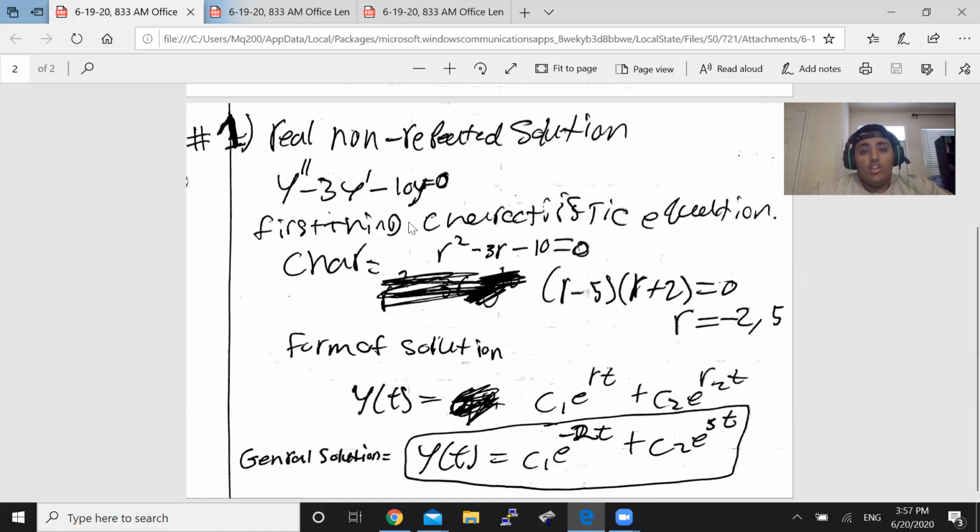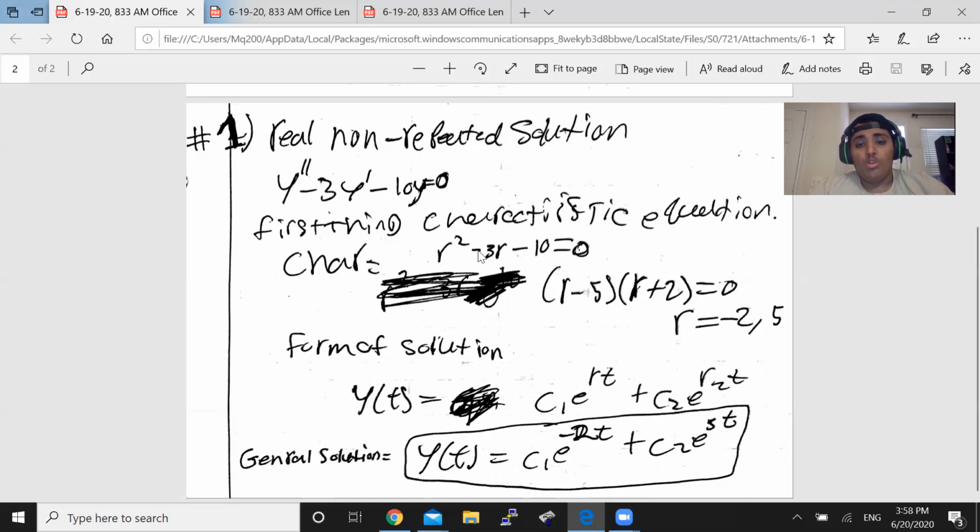To turn it into a quadratic equation, we first have to find the characteristic equation. Just bring everything over: y double prime becomes r squared, minus 3r, minus 10, and we set it equal to 0 to be homogeneous.